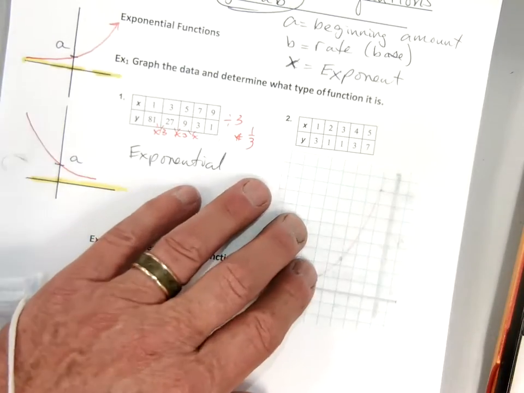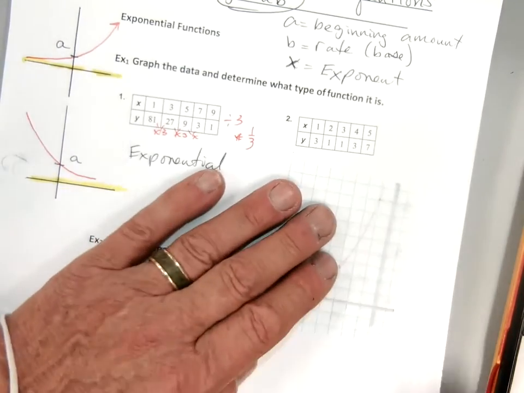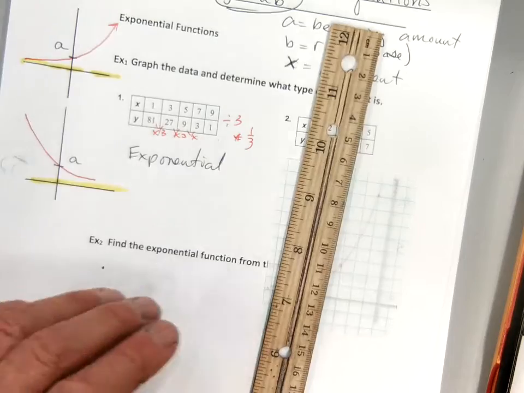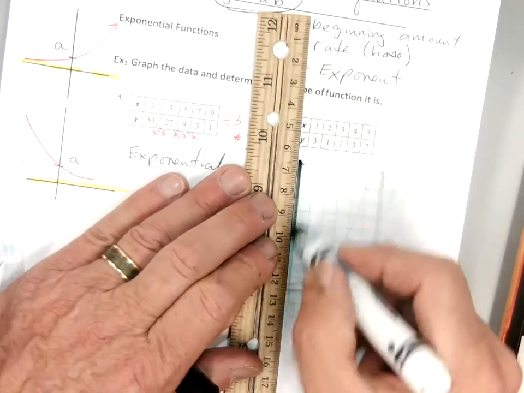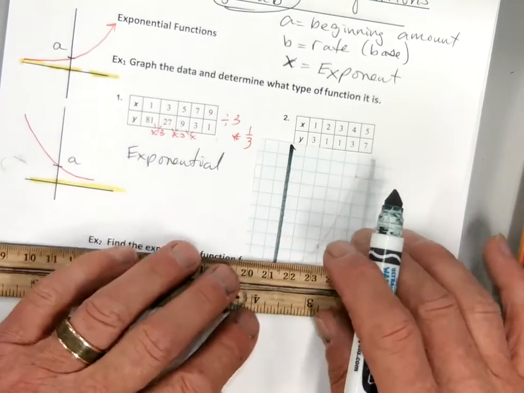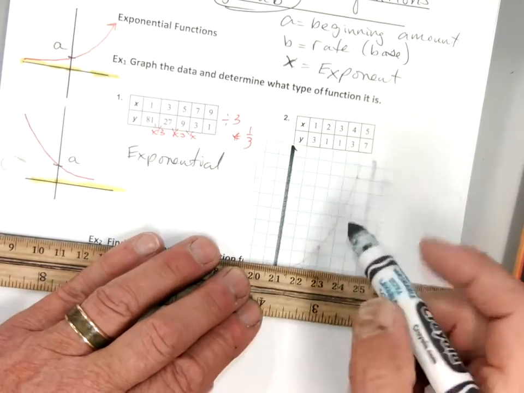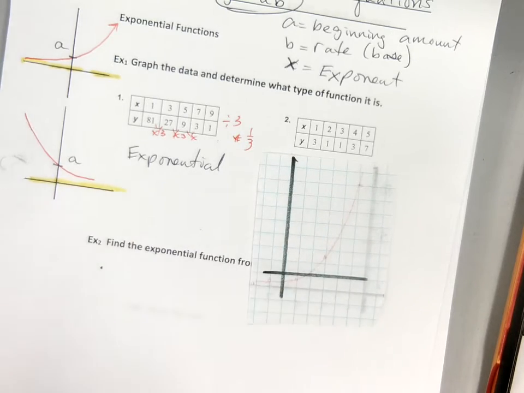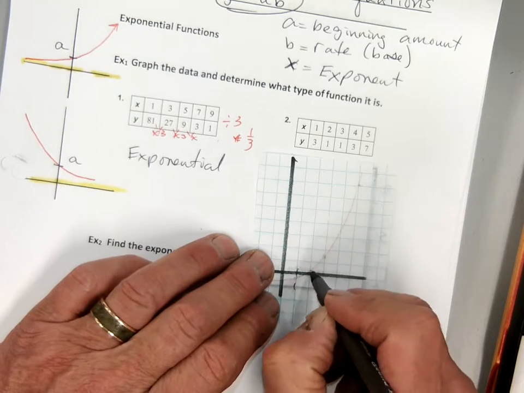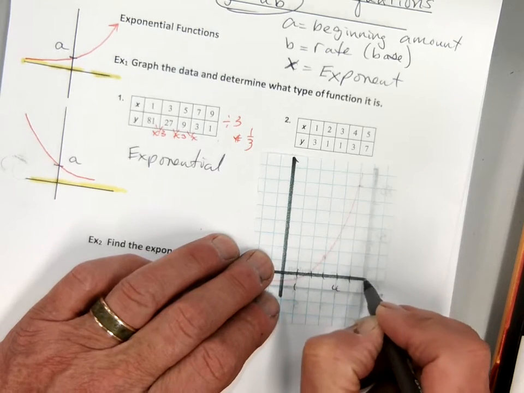So for number 2, let me put my XY axis on there. For number 2, just use the back of this graph paper, why not, right? All right. My scales, I can go probably by 1s on my scales here. That'd probably be easy. I'm going to graph this one. 1, 2, 3, 4, 5, 6.